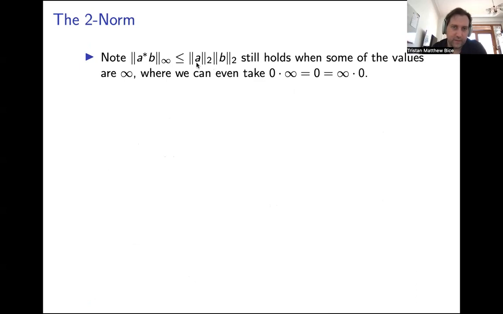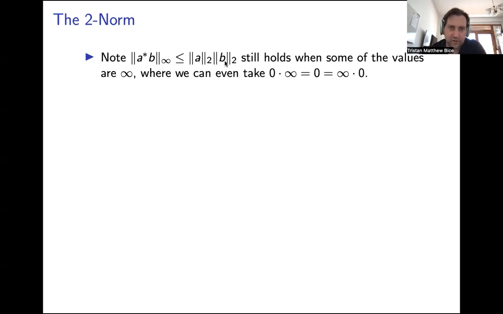If say the two norm of A is infinite and the two norm of B is finite but not 0, or even infinite as well, then the product of something infinite and something else apart from 0 should definitely be infinite. So the inequality in that case would be kind of trivial, if you have an infinity on the right. The only real non-trivial situation that you have to think about carefully is when one of these two has an infinite two norm and the other has a 0 two norm.